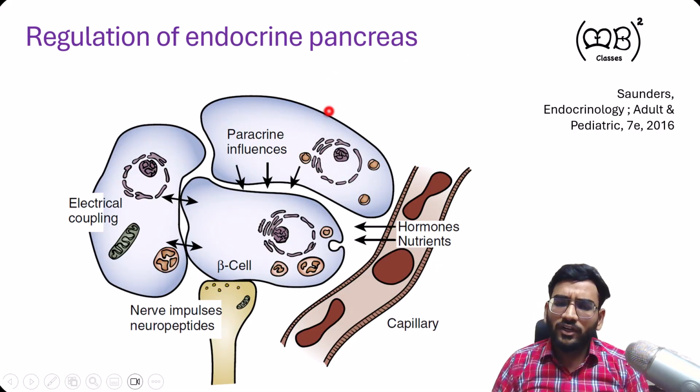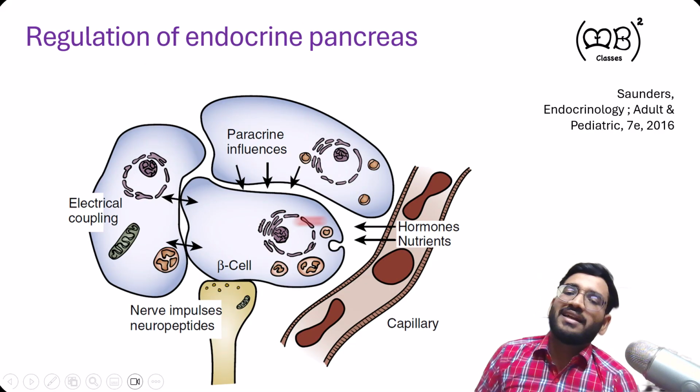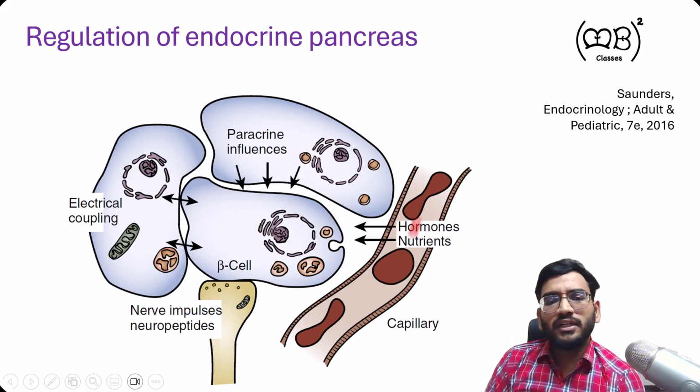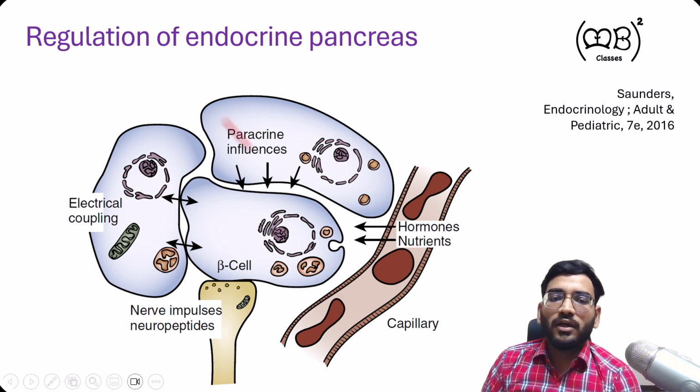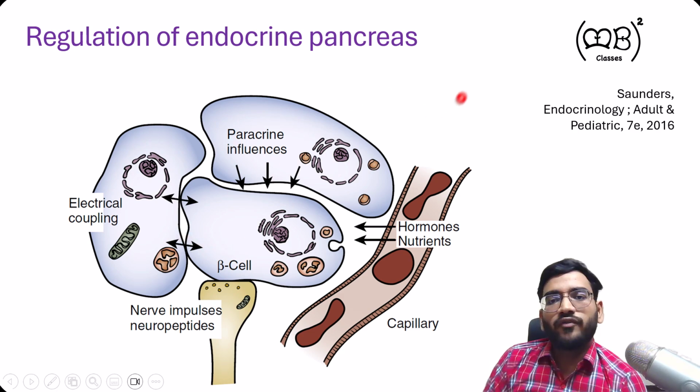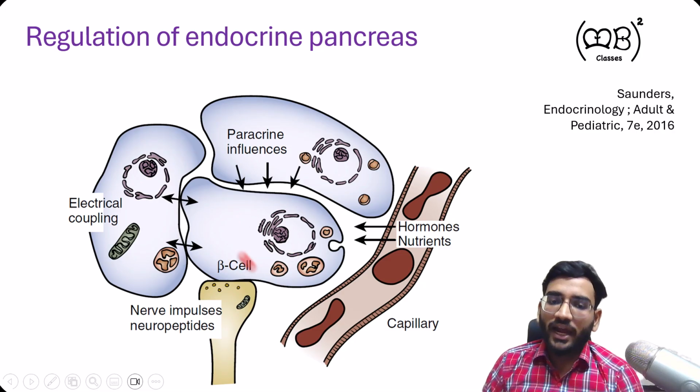Now the regulation of endocrine pancreas. How does the regulation of endocrine pancreas take place? It can take place via the vascular route, the neural or the local route. So from the blood vessels there are hormones which will inhibit or activate the beta cells to release insulin, or the nutrients.